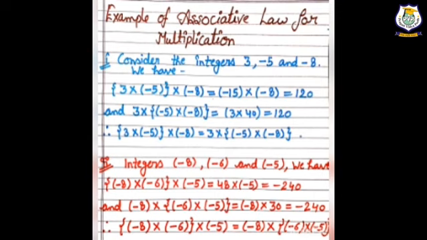And minus 8 into minus 6 into minus 5, which is equal to minus 8 into 30, which is equal to minus 240, such that minus 8 into minus 6 into minus 5 equals minus 8 into minus 6 into minus 5. It means the grouping in multiplication does not matter.